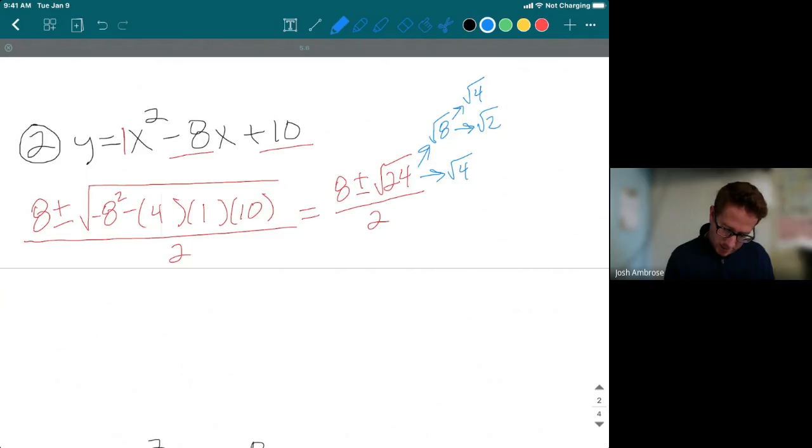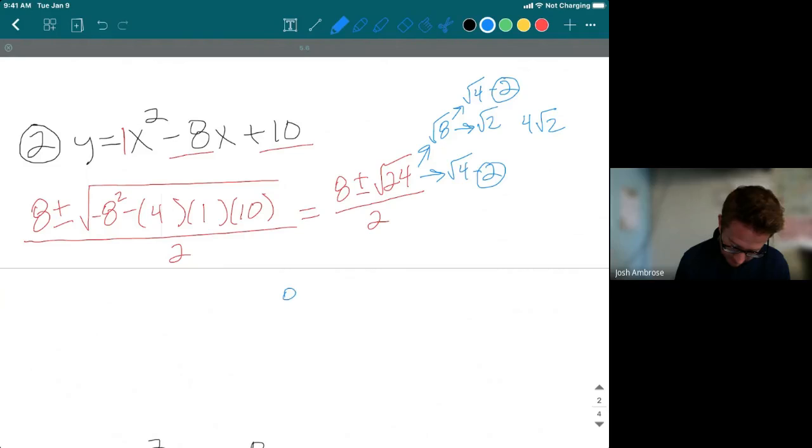Now that becomes 2, that becomes 2, and these numbers right here, 2 and 2, would make a 4 with a radical 2. So now let's simplify, put all of this stuff down here. And we have 8 plus or minus a 4 radical 2, all divided by 2.